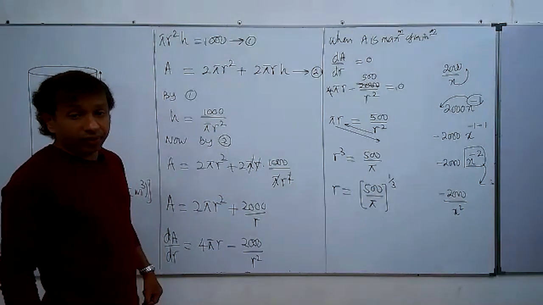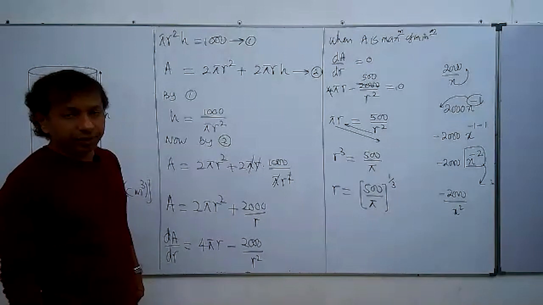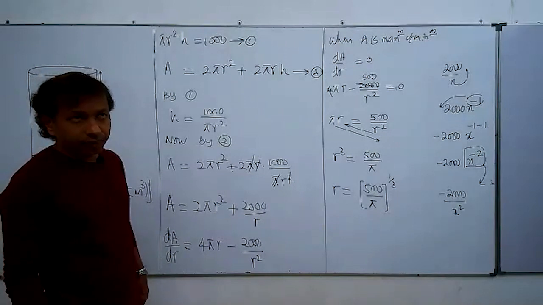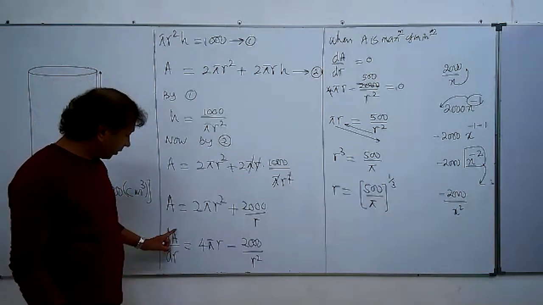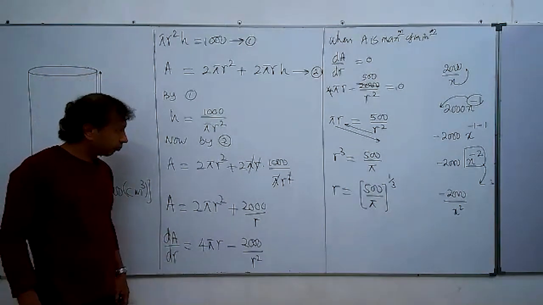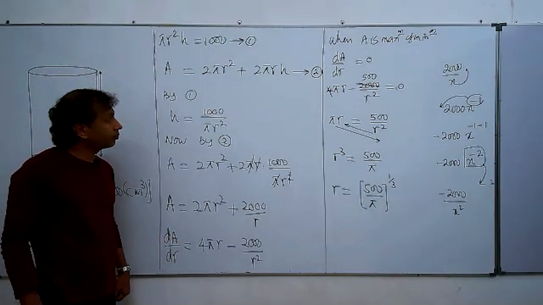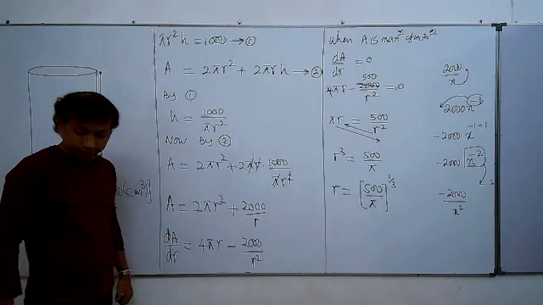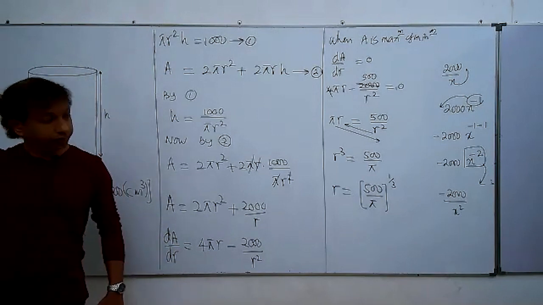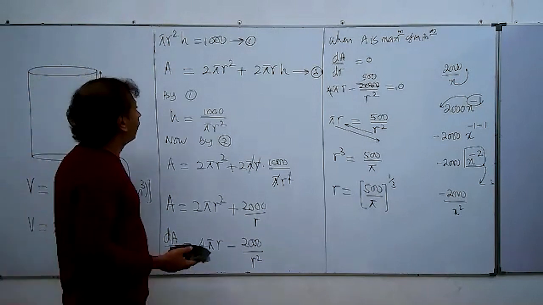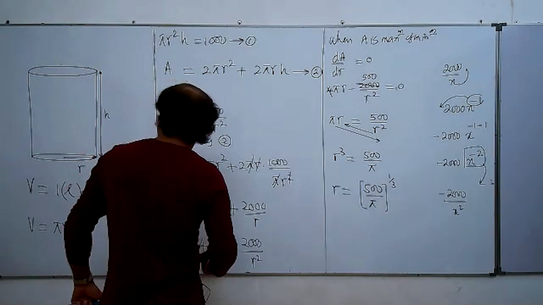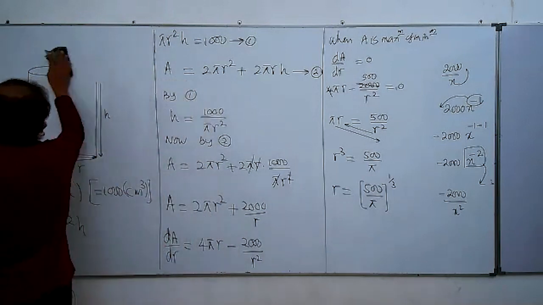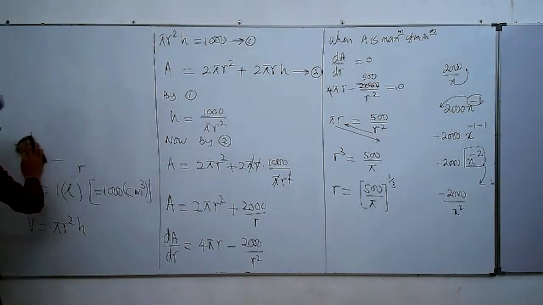Now we have to verify that it is really minimum at this value of R. For this, we go to the second derivative. Differentiate this again. When you differentiate this again, what do you get?